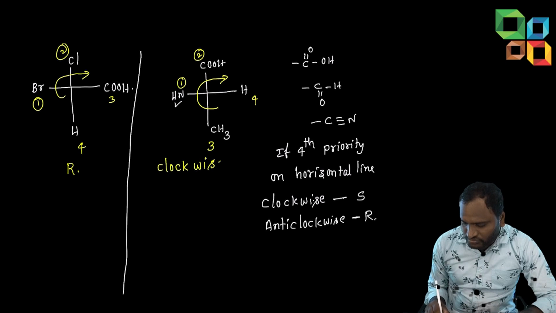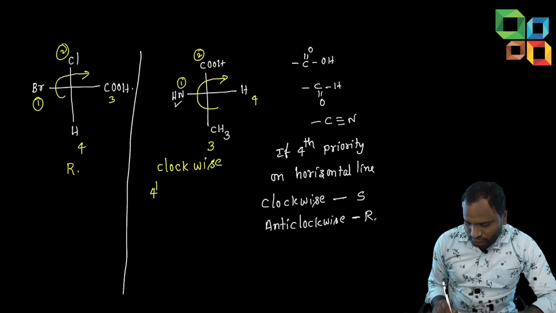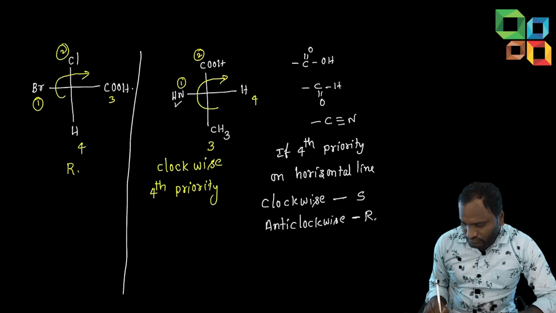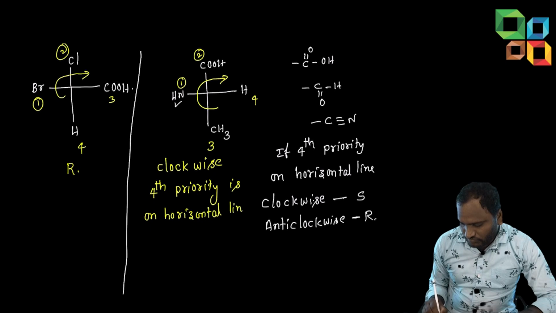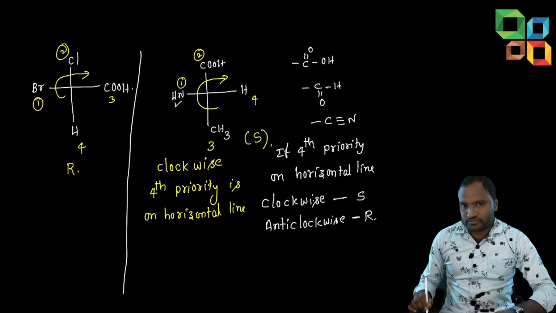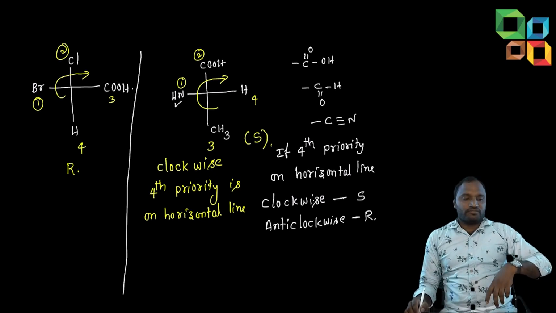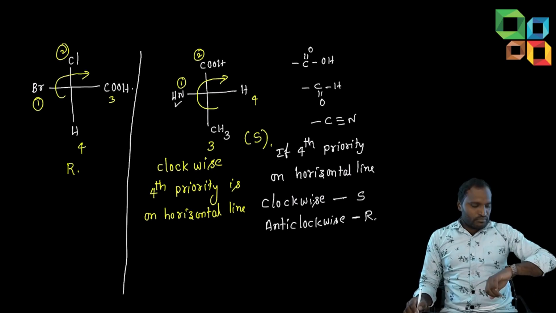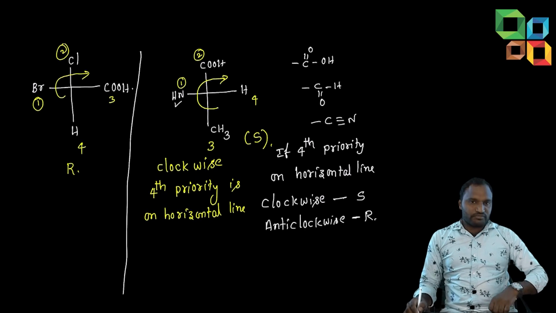One or two compounds, you write this one. So S configuration it is. Put star marks and write. These two things, if you know, RS configuration is easy.